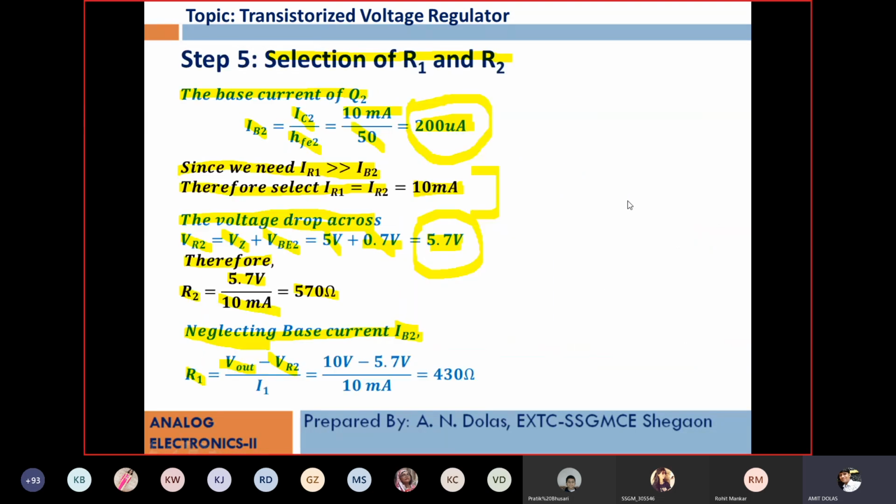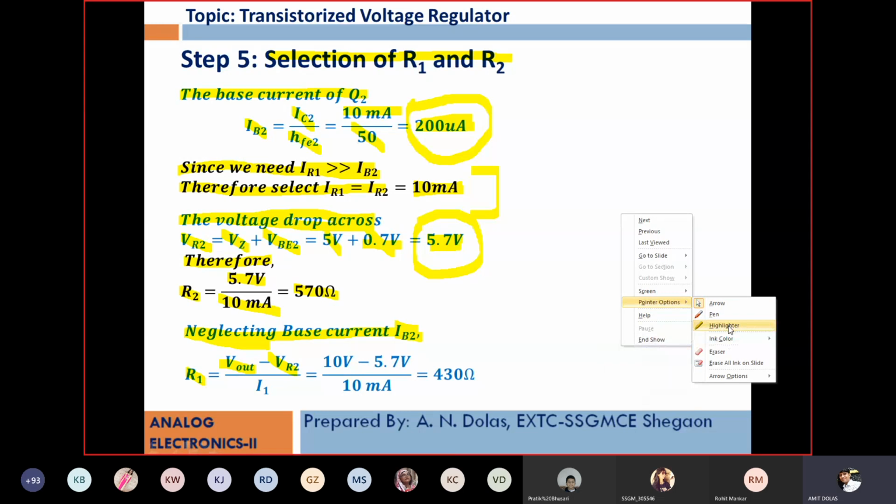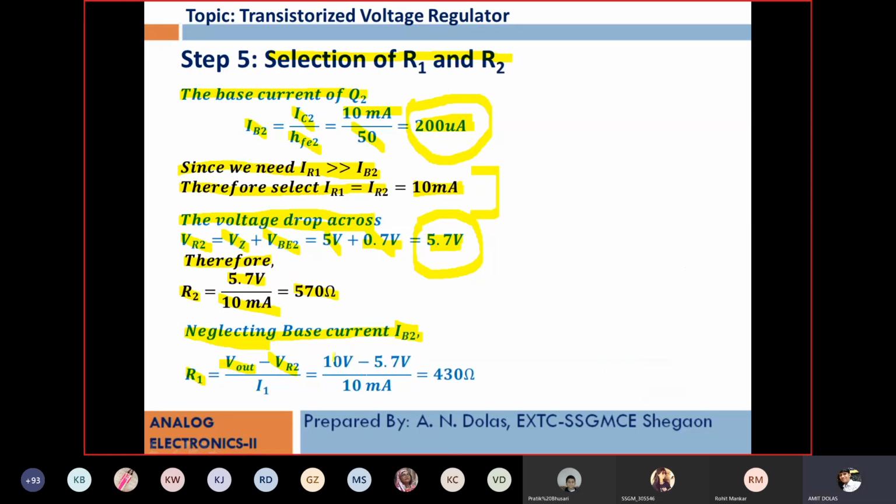So V out 10 volt minus VR2 5.7 just calculated, divided by I1. I1 is nothing but IR1, that is also 10 milliampere. Therefore 430 ohm resistance is calculated.